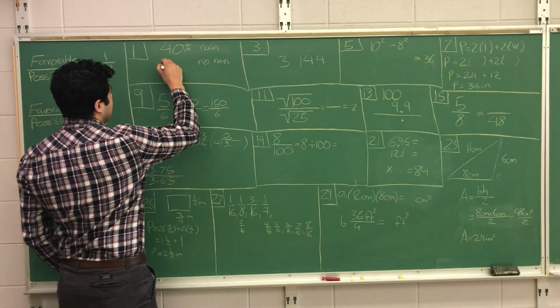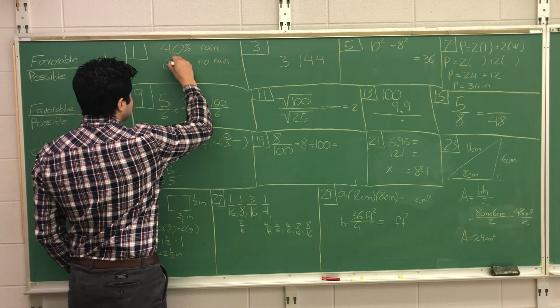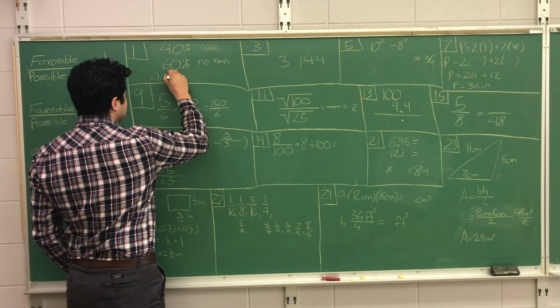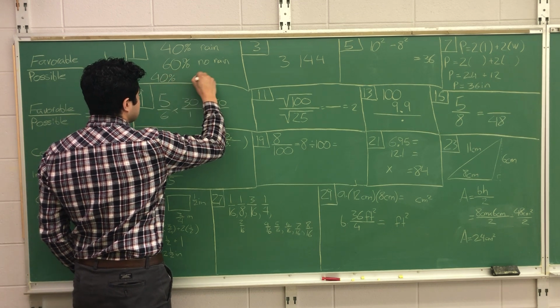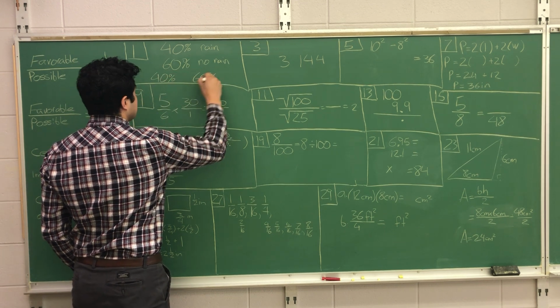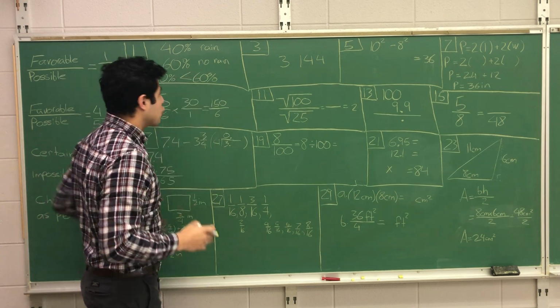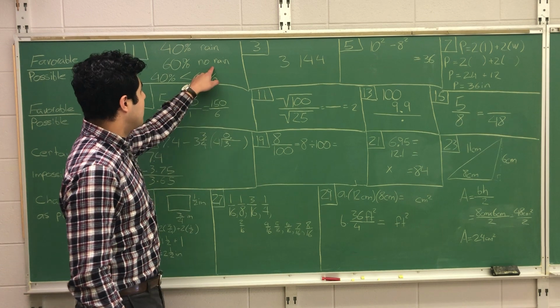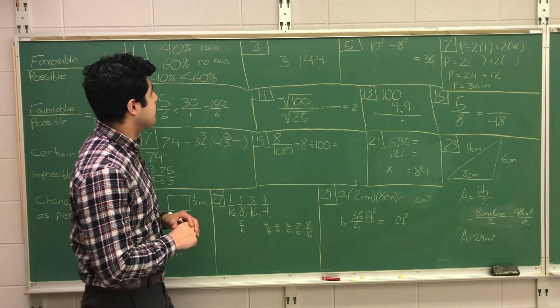We subtract 40 from 100, we get 60%. So we could compare 40% to 60%. It's pretty obvious here that there's a greater chance, now it's not totally impossible, but there's a greater chance of no rain than there is of rain.